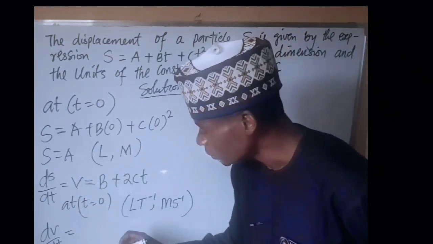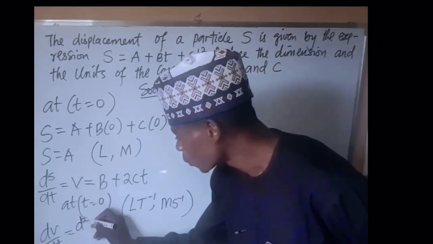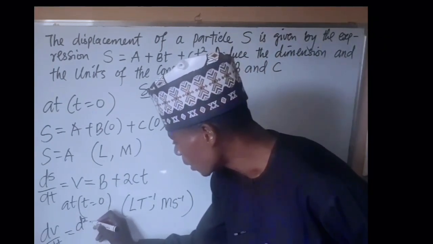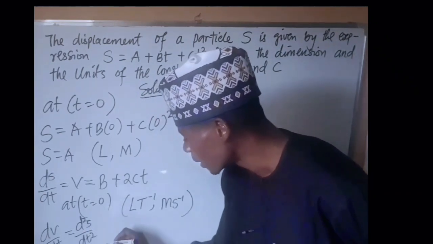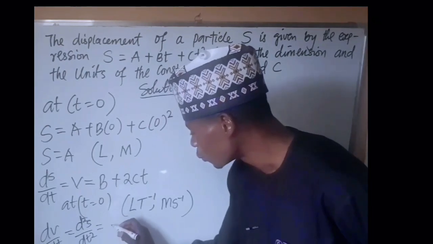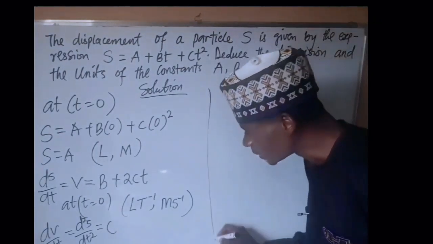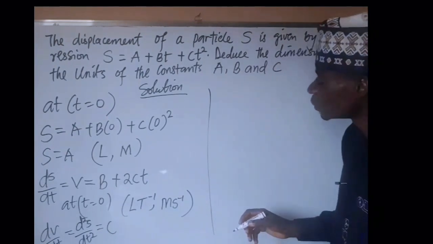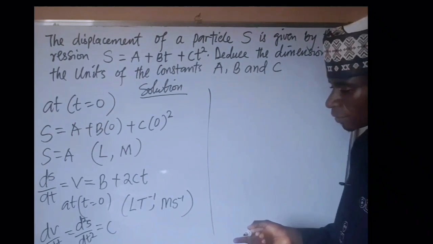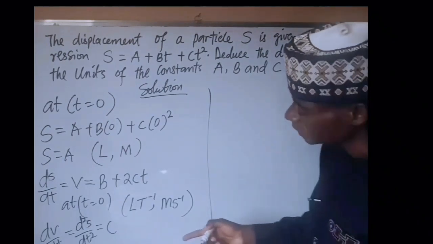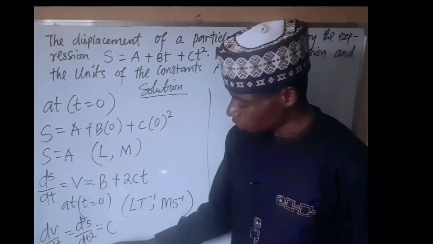And this can also be written as d²s/dt², and this will be equal to 2C. So let's apply it here. We said dv/dt is equal to acceleration, and that can also be written as d²s/dt².